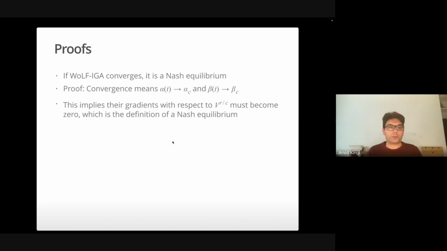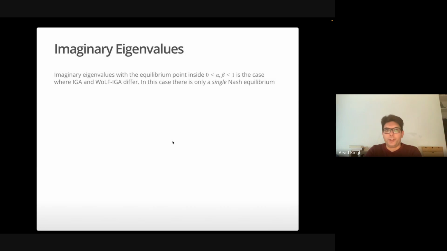And because we also see that the algorithm is rational, that it always tries to maximize the expected payout, this convergence suggests that it is indeed in a Nash equilibrium, one of them. And that covers the real eigenvalue case. Now, the imaginary eigenvalues are actually the interesting case, because that is where IGA and WoLF-IGA are slightly different. This case is special because it already means that there is only a single Nash equilibrium in this space.